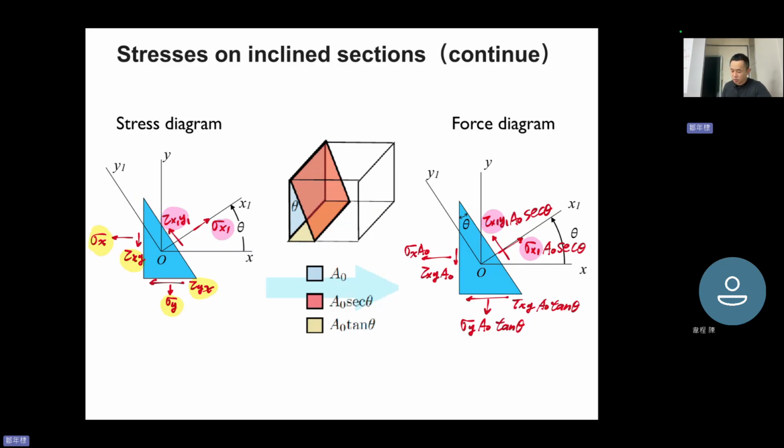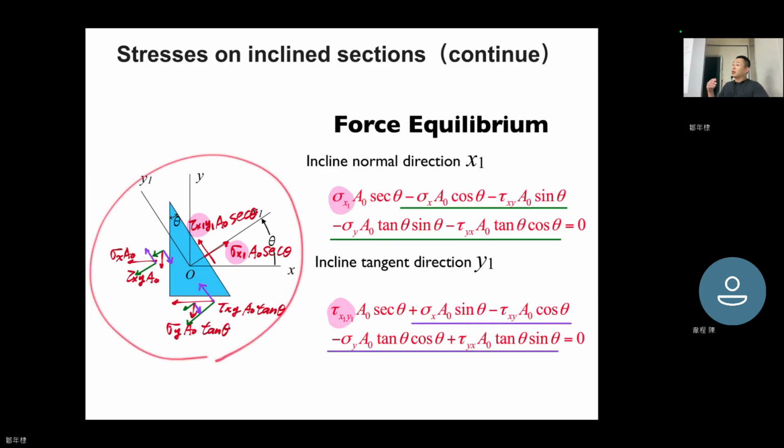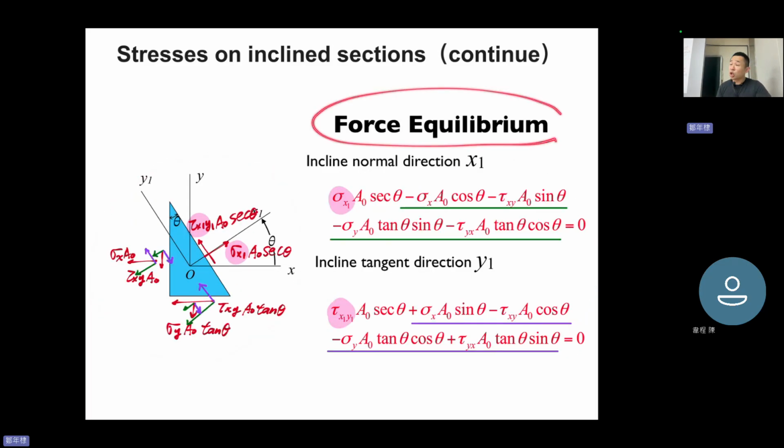95% of the mechanics of materials problems in this course: just stress times its own area and then it becomes the force, and using the force to do the balance, or you can say this is force equilibrium.